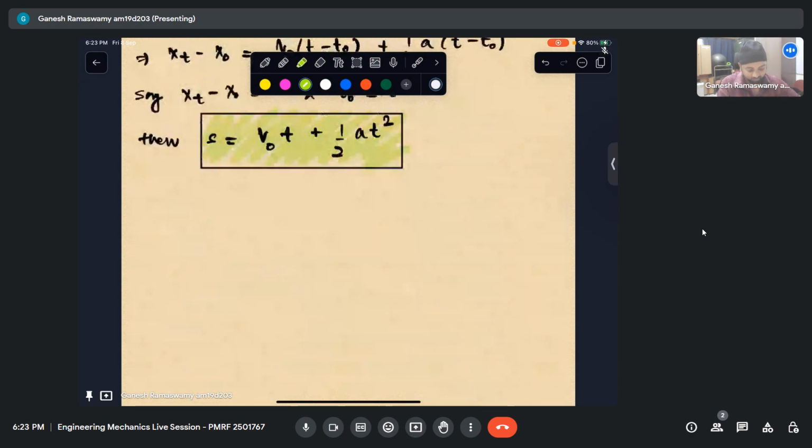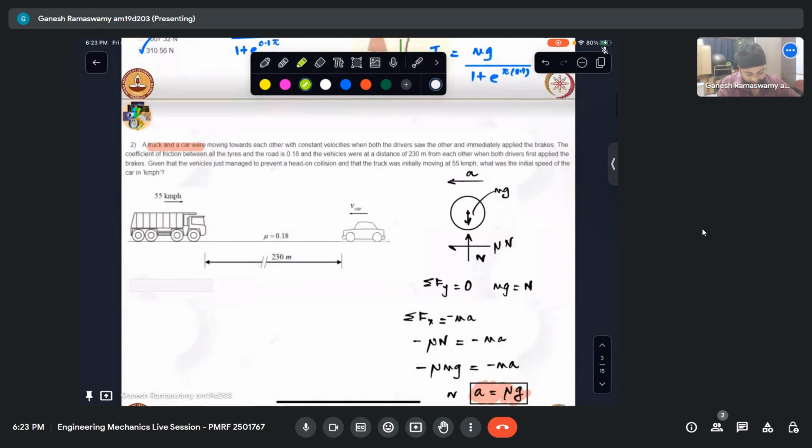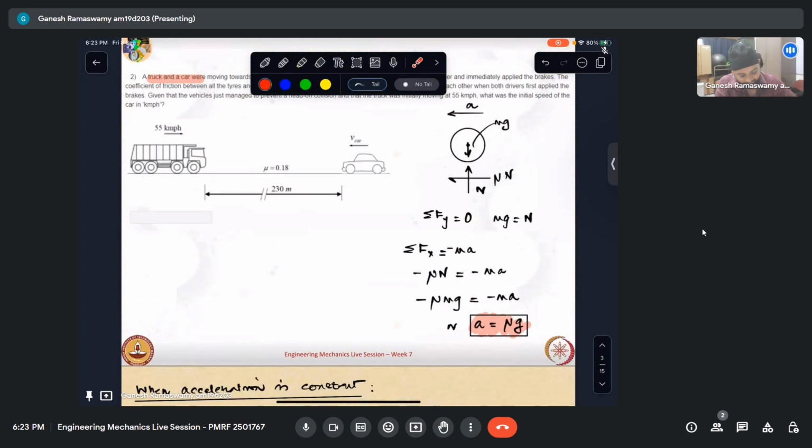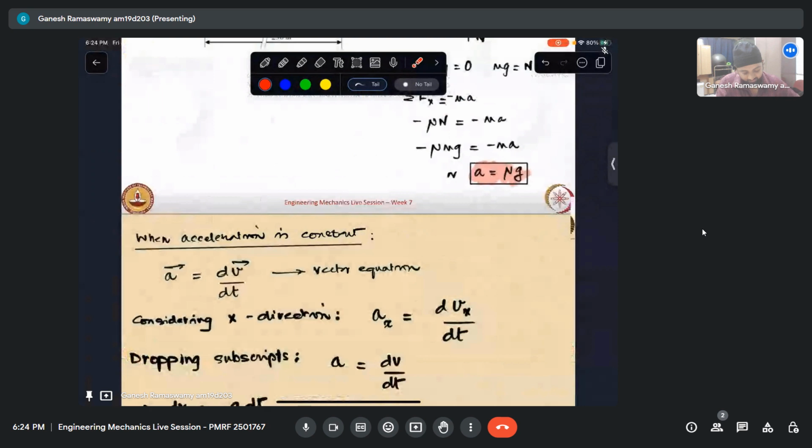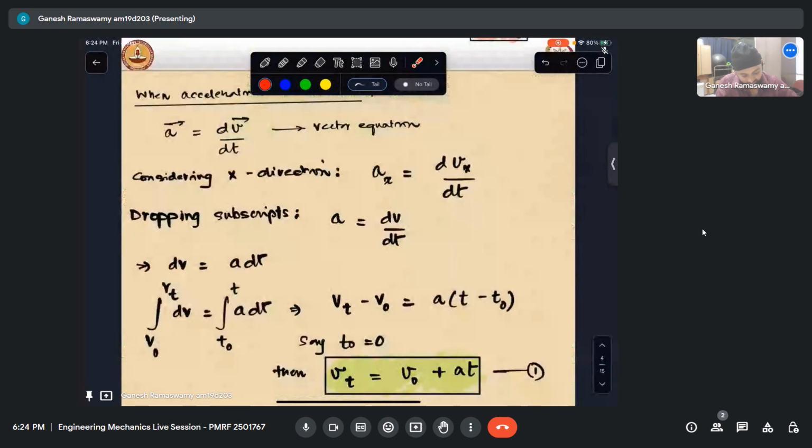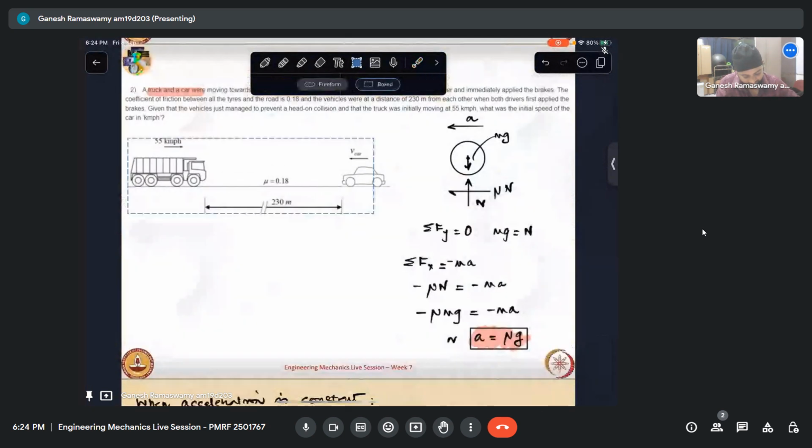Okay, very well. Now coming back to the problem, we have been told that this truck is traveling with some velocity and this is traveling with some other velocity, and both are moving towards each other. And we know the deceleration each of them is experiencing, which is equal to mu g, which is constant. In such a case, can we calculate the distance traveled by the truck? Hence, I'll just take this image, copy this.